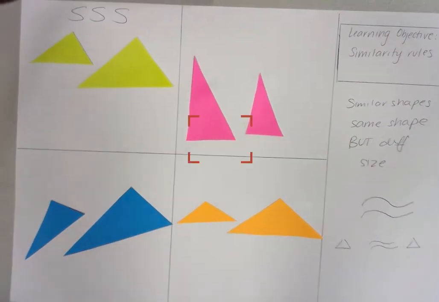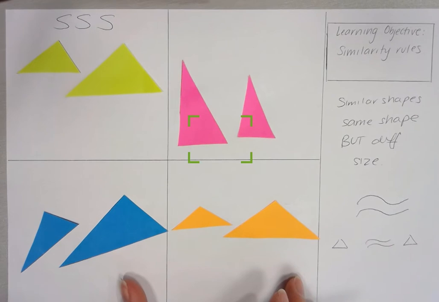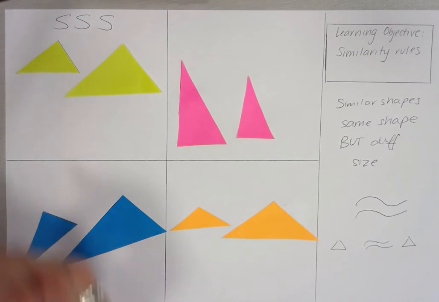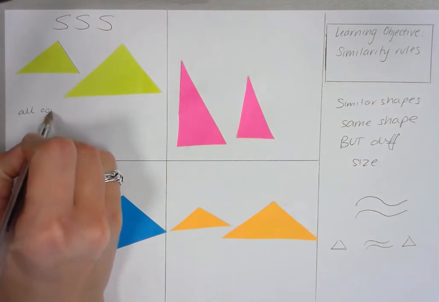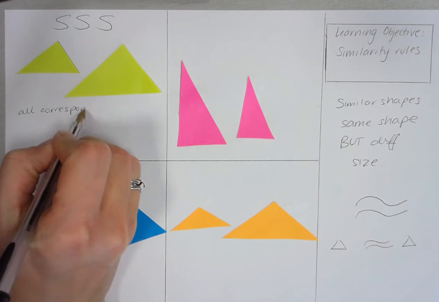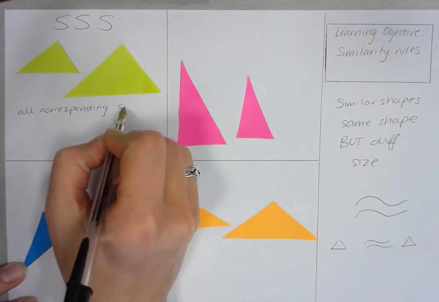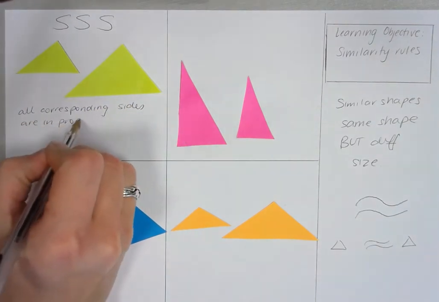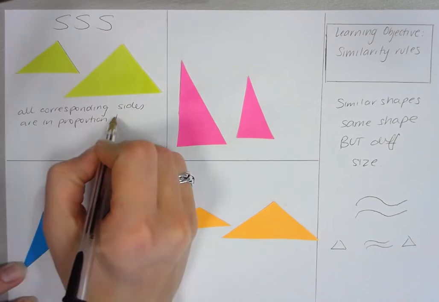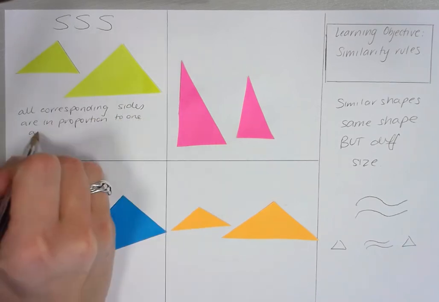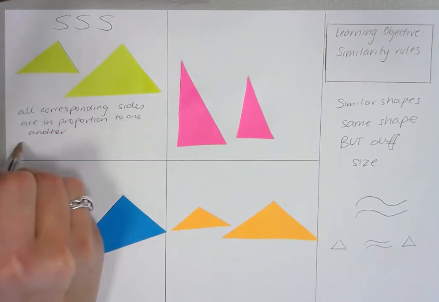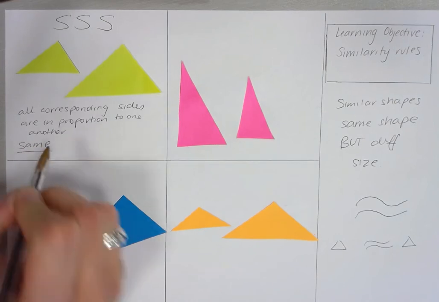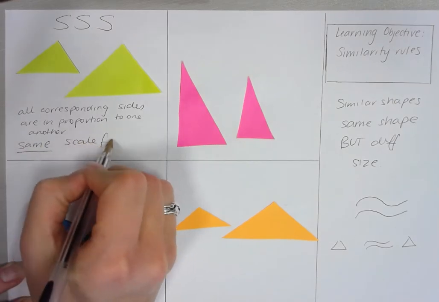And what that means is that instead of all the sides being the same this time, all pairs of corresponding sides are in proportion to one another. And that means they have the same scale factor.